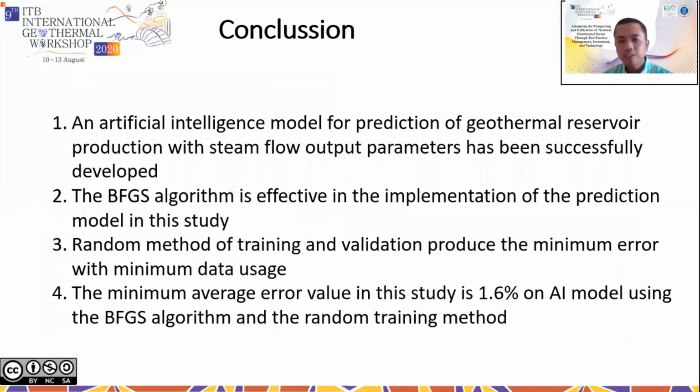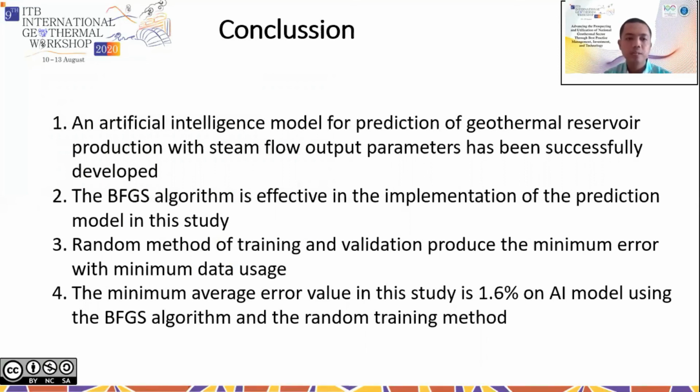And then the conclusions of our study. The first, the artificial intelligence model for predicting geothermal reservoir production with steam flow as input parameters has been successfully developed, judging by the mean absolute percentage error that we mentioned before.